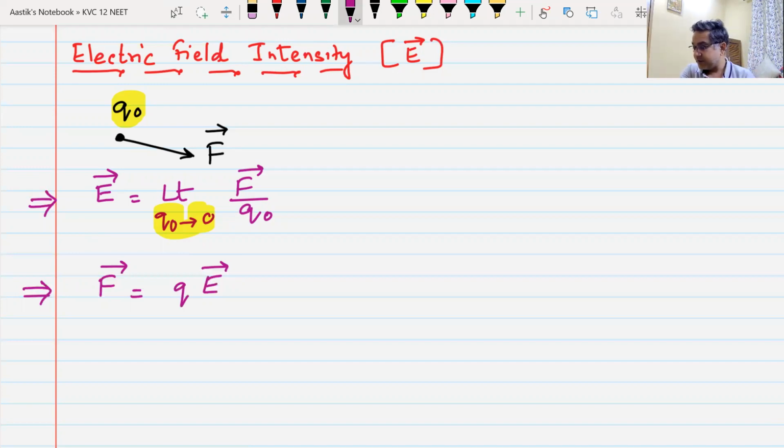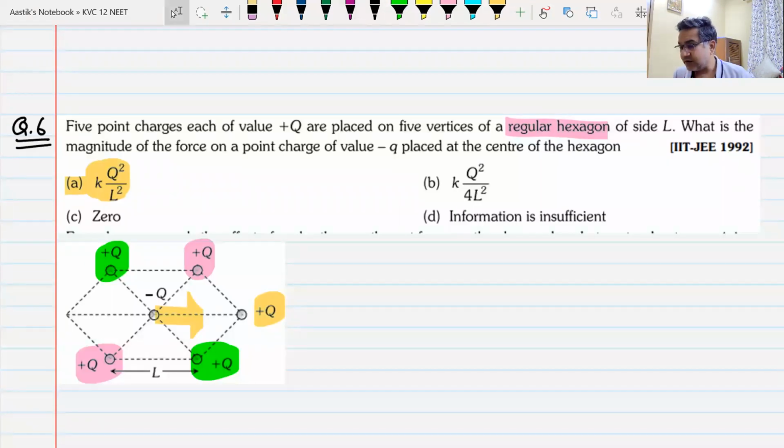For example, in this previous question, we had asked what is the force on this charge. Do you remember? If I remove this charge from here, the question can be very easily made: what is the electric field at this point? And the answer will be the same. The only difference is the value of charge will not be there.